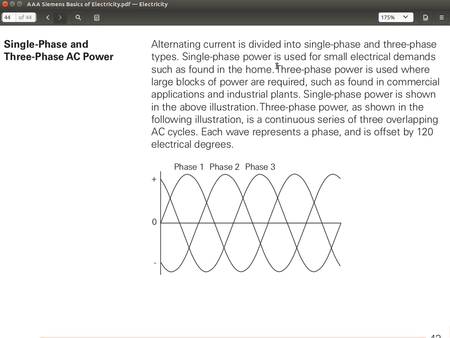You can identify that a building is using single phase power if you have, from the utility pole going to the building, 2 live wires and a bare or raw wire that supports them.